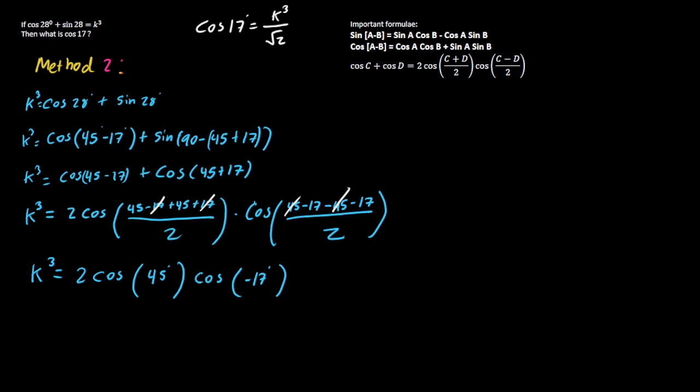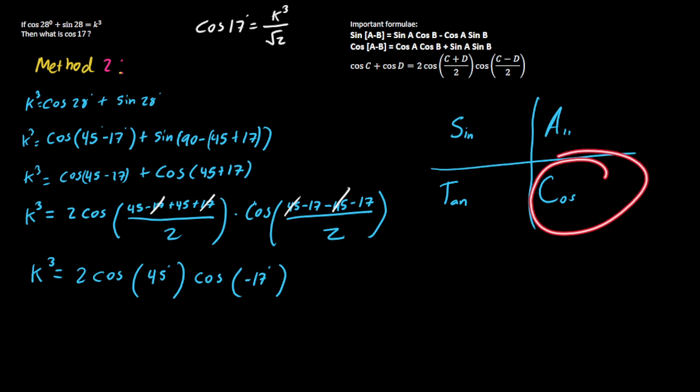Now, one thing you have to know is negative 17 lies in the fourth quadrant over here. And if we go by our acronym, all is positive over here, sine is positive over here, tan is positive over here, and cos is positive over here in the fourth quadrant.